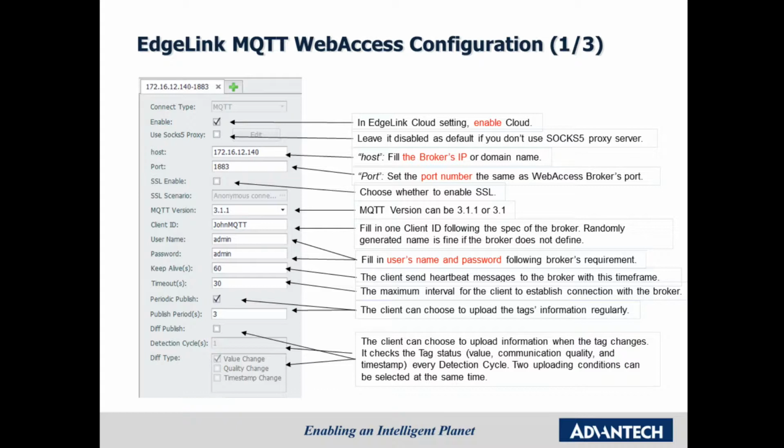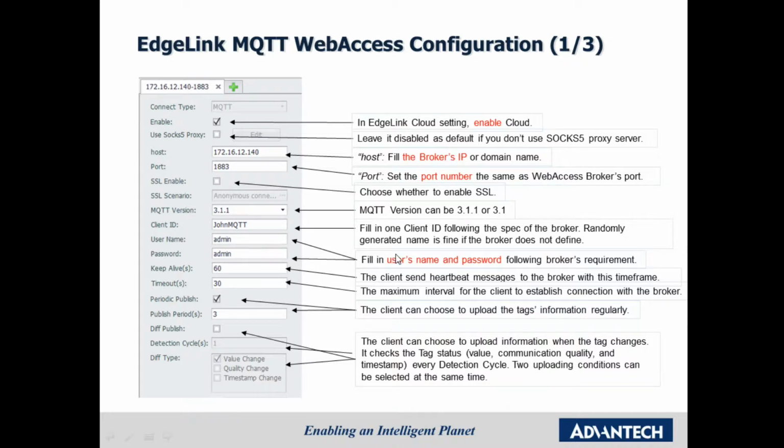The user can leave it unchecked as default if you don't need authentication. And the user needs to set the MQTT version, which can be either 3.1.1 or 3.1.